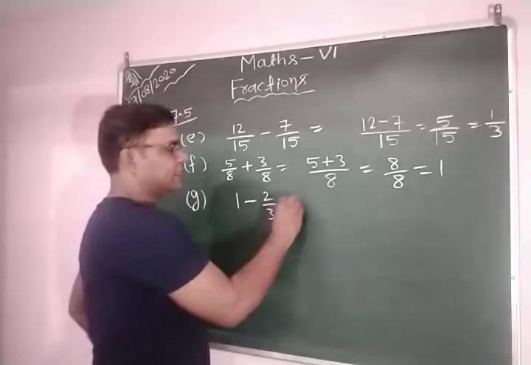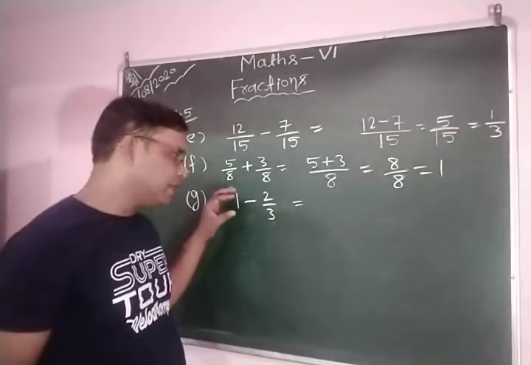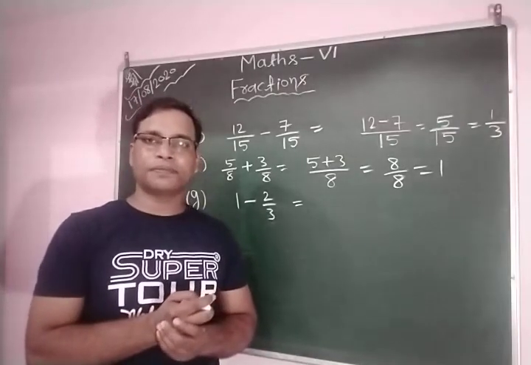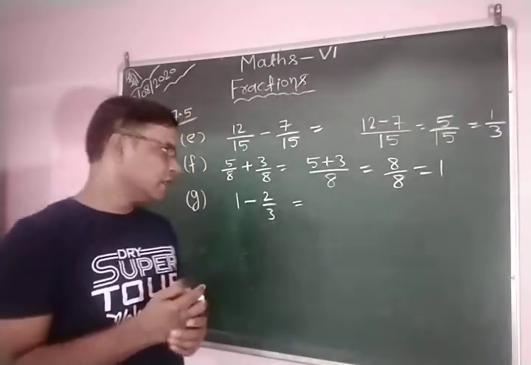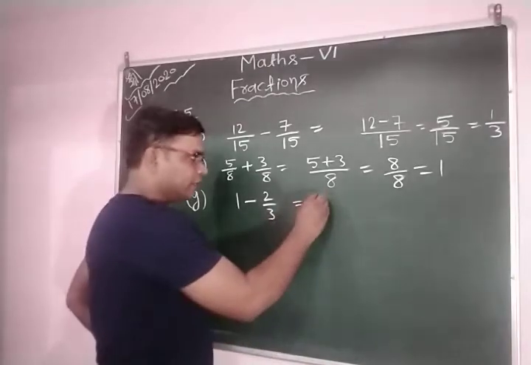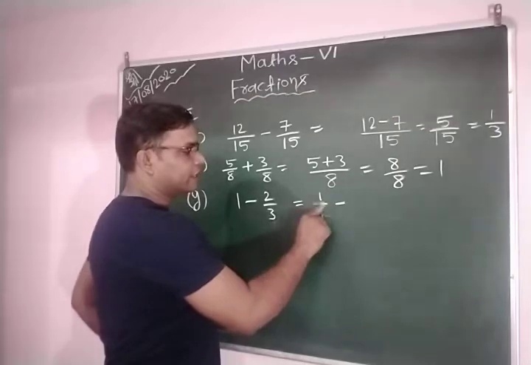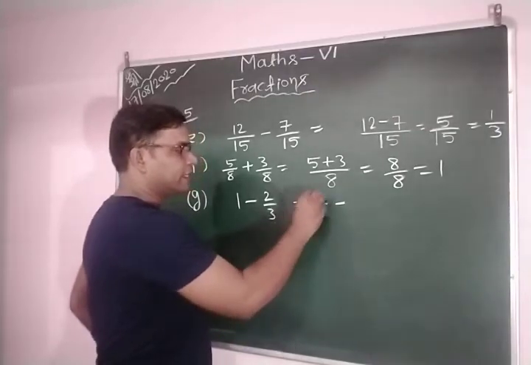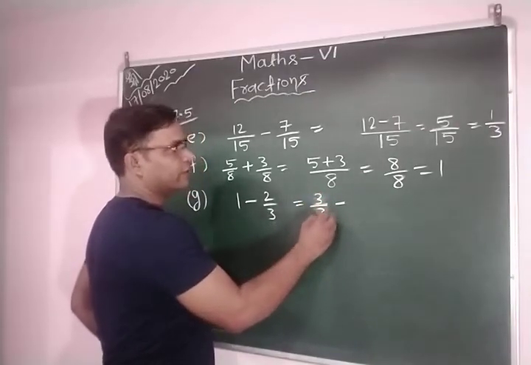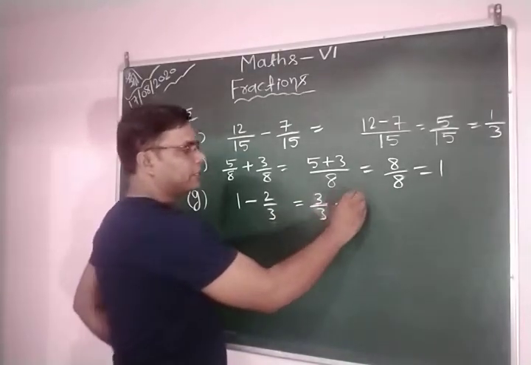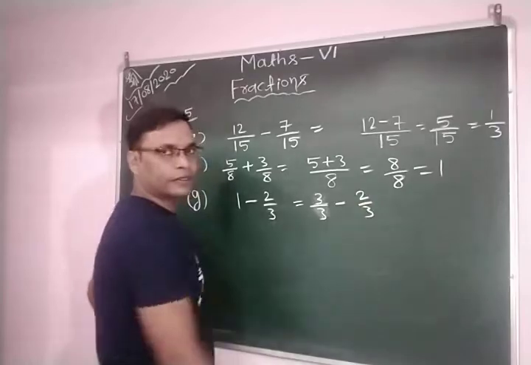You can make it with the same denominators. Here you can write 1 by 1 minus, or you can write here if you multiply 3 by 3, it becomes 1, 3 by 3 it becomes 1, minus 2 by 3.